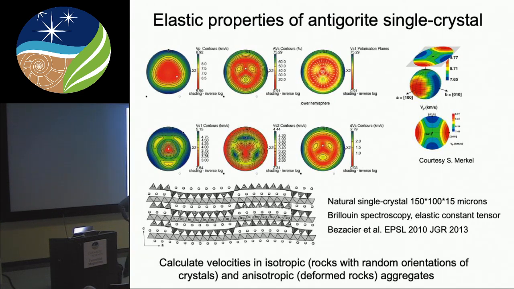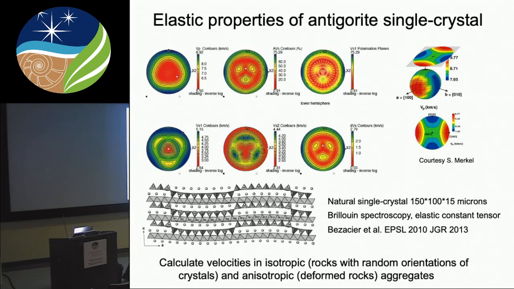And we did that with the help of Jay Bass at the University of Illinois at Urbana-Champaign, using a particular technique, which is Brillouin spectroscopy, which uses an inelastic scattering of light provided by a laser, which allows you to measure wave velocities in particular directions of this sample.